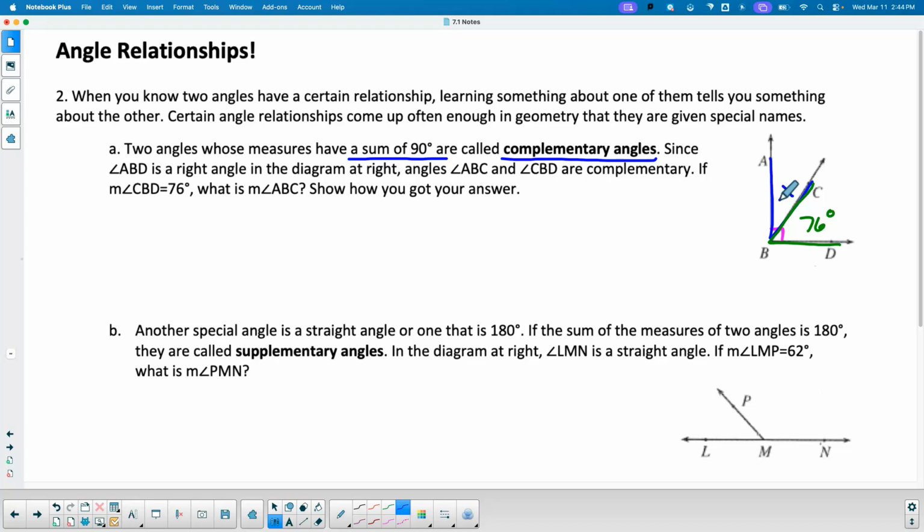Let's call it X. Well, angle plus angle is 90 degrees in complementary, so X plus 76 would be 90. Yes? So what is X? Subtract 76 from both sides. What do you get?